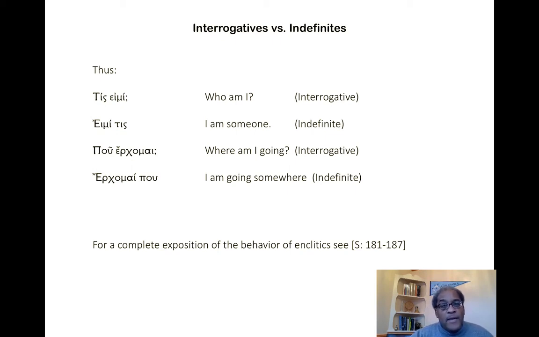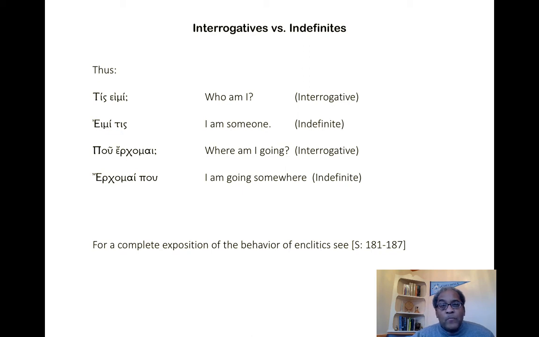But then you have eimi tis, where tis does not have an accent, so it's marked as an enclitic, and the eimi shows the acute on the second iota. So eimi tis, I am someone, indefinite. Just like you have pou erkhomai, where am I going, versus erkhomai pou, I am going somewhere.